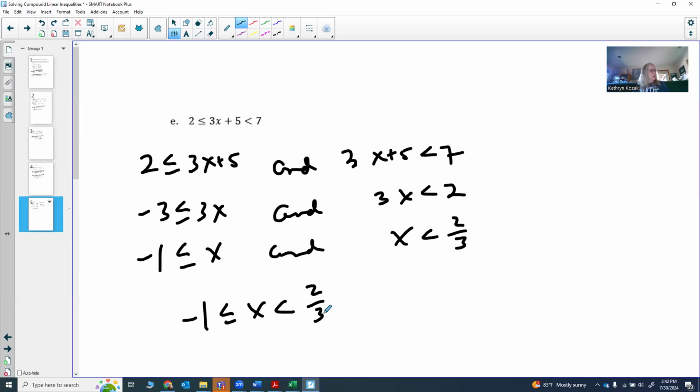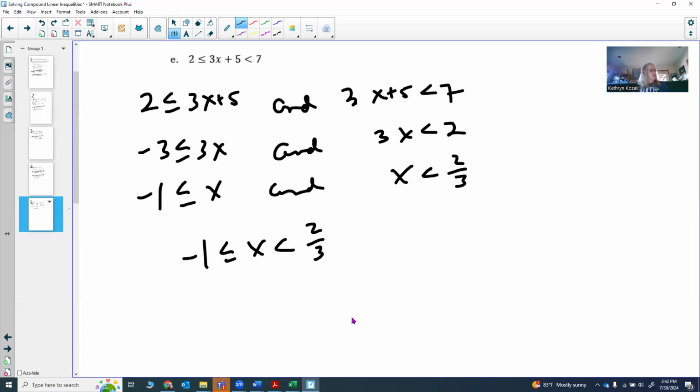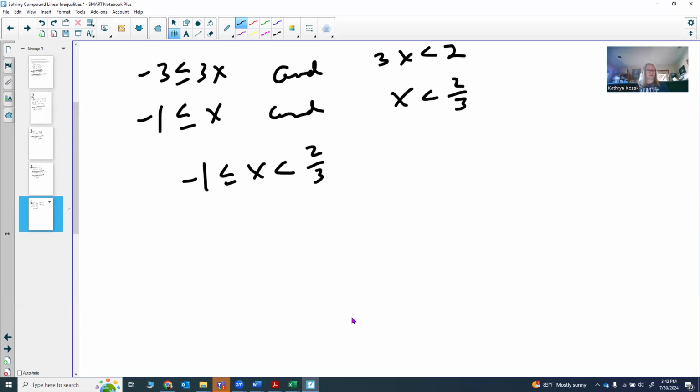Another way to solve this is to keep the chain and then isolate the variable. This means one needs to subtract 5 from the middle expression, but whatever one does to one part of the inequality, you do to the other parts. So this would be 2 is less than or equal to 3x plus 5, which is less than 7.